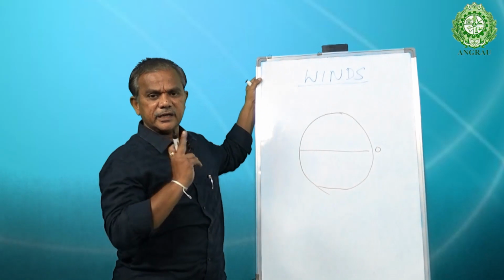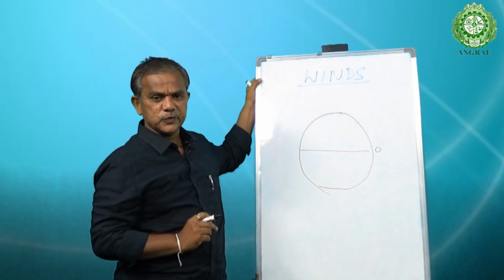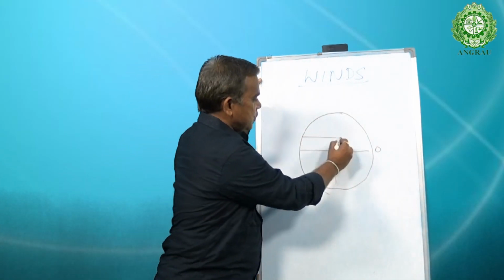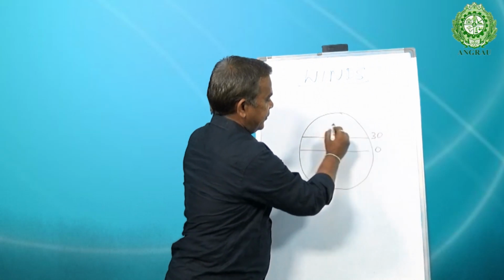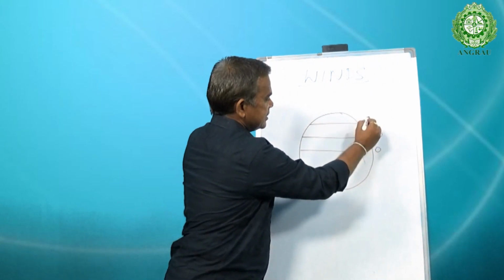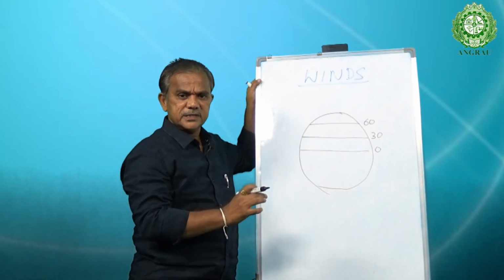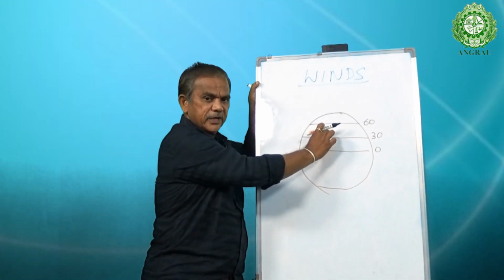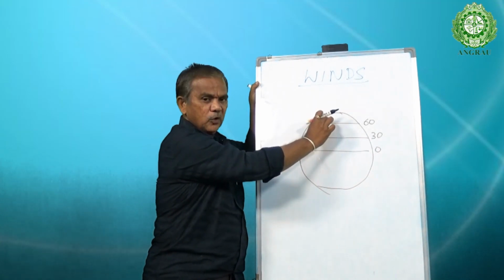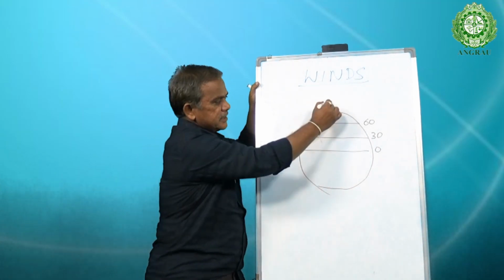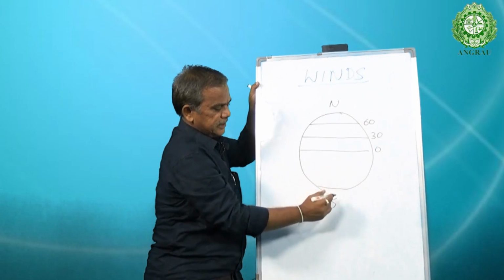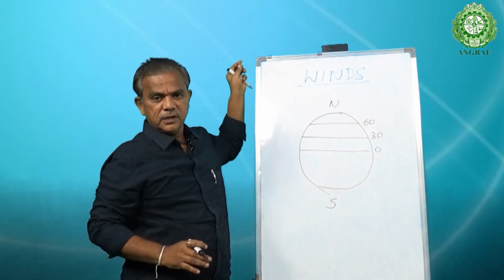The lines connecting horizontally are called latitudes, and we have the latitudes of 30 degrees and 60 degrees because there is a certain significance. At 30 degrees there is a concentration of high pressure area, and at 60 degrees we have a low pressure area, and similarly this is the northern hemisphere and southern hemisphere.